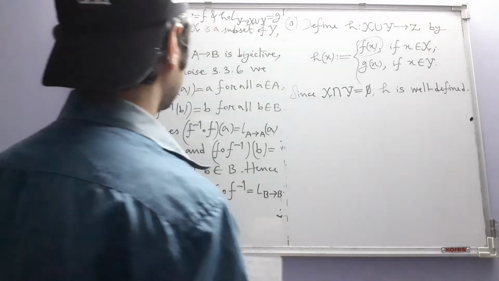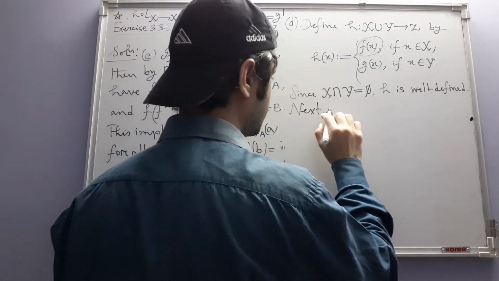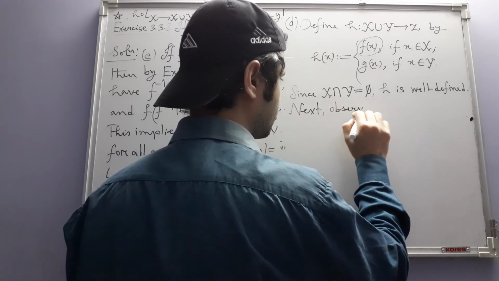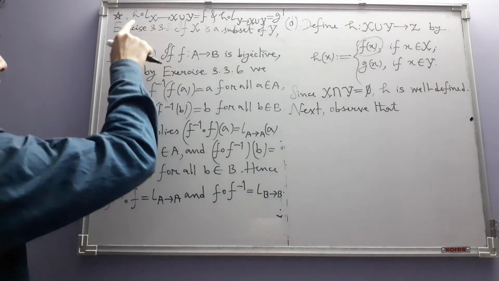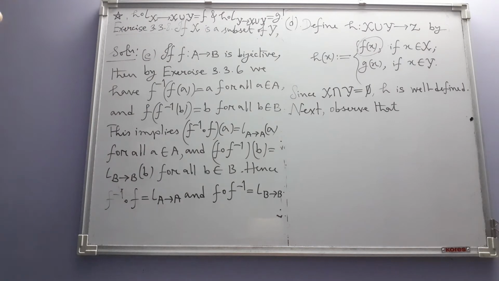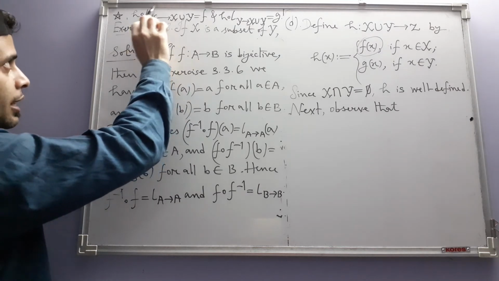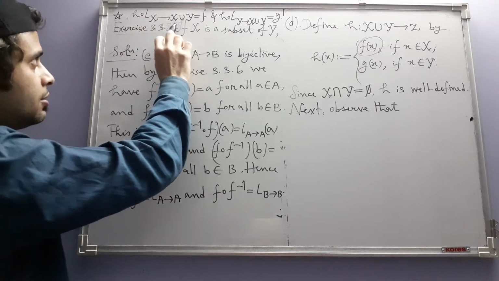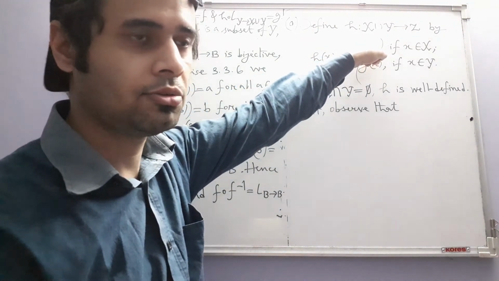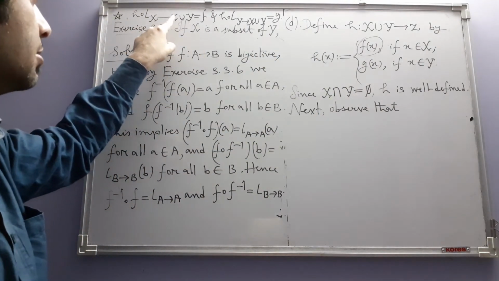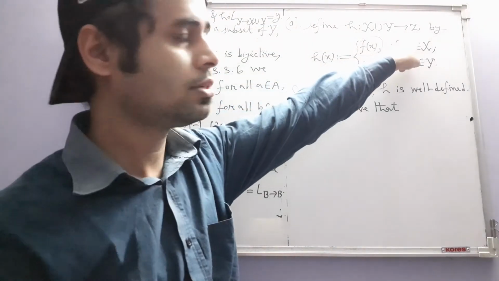Okay, so next observe that what is the range of this function, this iota of X into X union Y, and what is the domain of h, X union Y. They are equal, so that means this composition makes sense, and this composition has domain X and range Z.